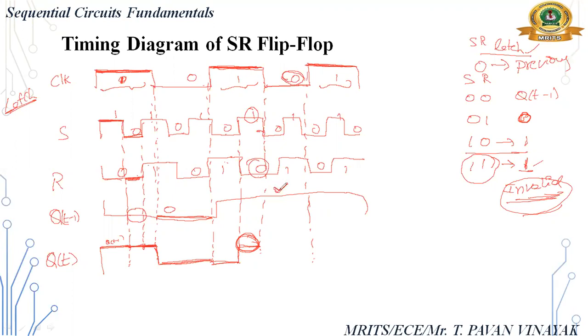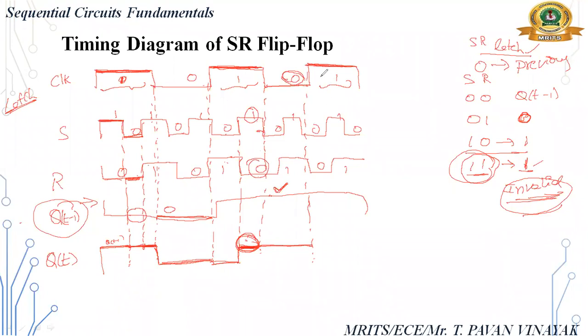Remember, whenever 1 1 occurs in previous combination, you have to select Q of T minus 1 from this line. Whenever previous state is other than 1 1, you have to select Q of T minus 1 from this one. So what is the previous state now? This one, 1. So I am drawing 1 here.